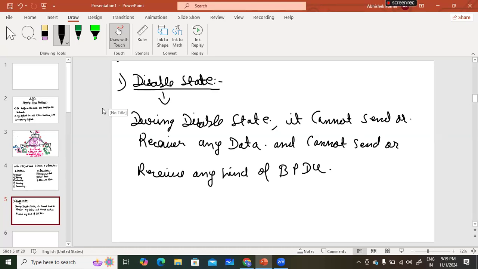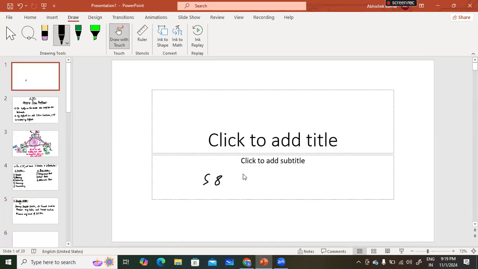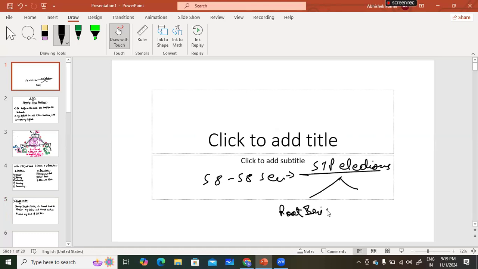So whenever I say, you guys just wait for 58 seconds, it means that STP elections are going on. Elections for your root bridge and root port. Make sure of this.